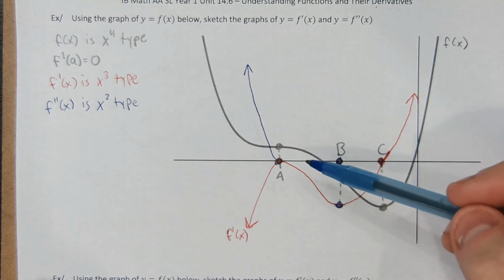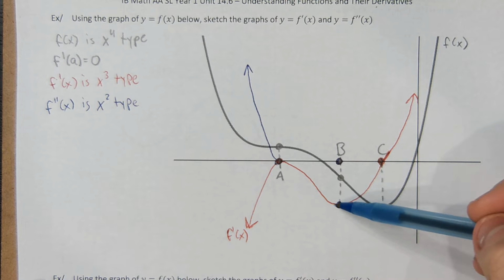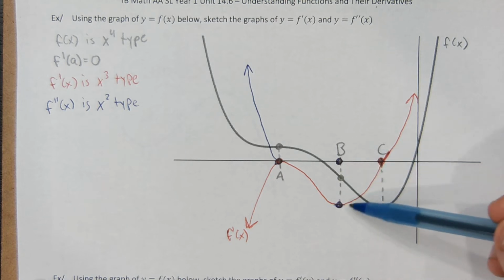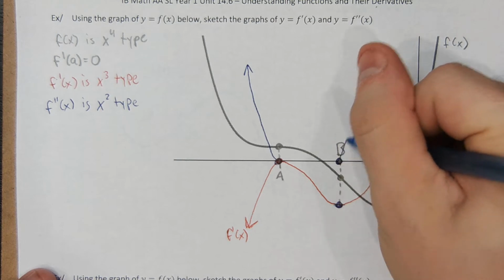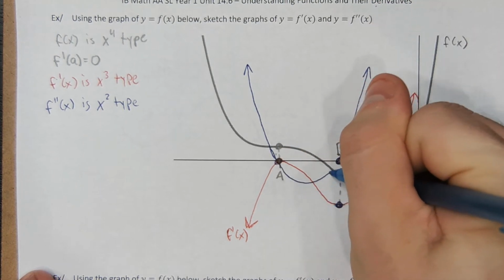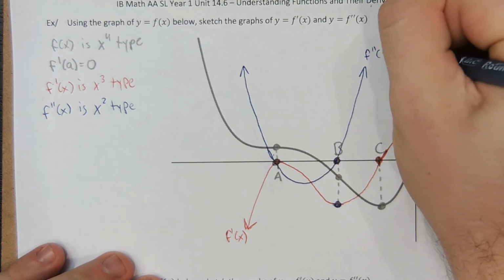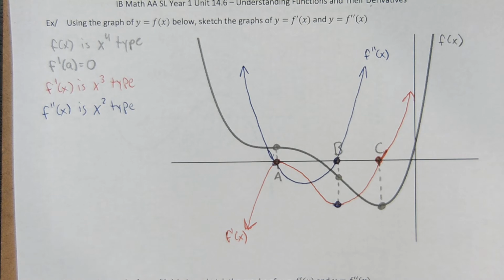Now, your roller coaster would be falling from A to B, which means your slopes are negative. But then after B, you're climbing again, which means your slopes are positive again. So, like I said, positive, negative, positive, like that. And this is what f double prime could look like.